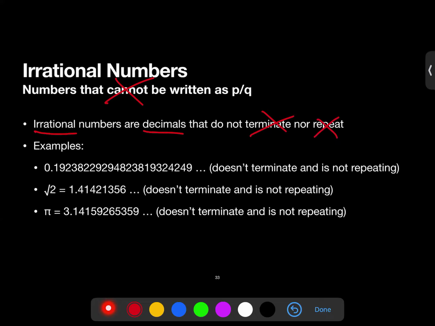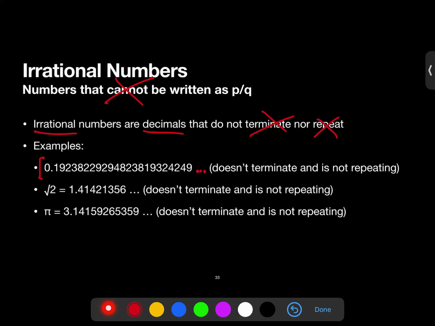So they don't terminate and they don't repeat either. So some examples is something you see here. Here we just see a bunch of random numbers and it keeps going, but it does not repeat either.